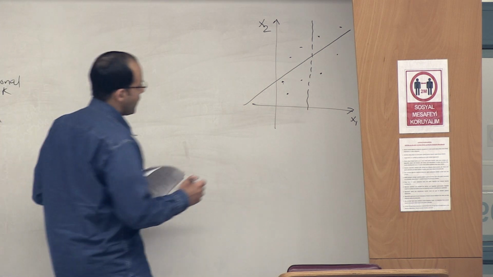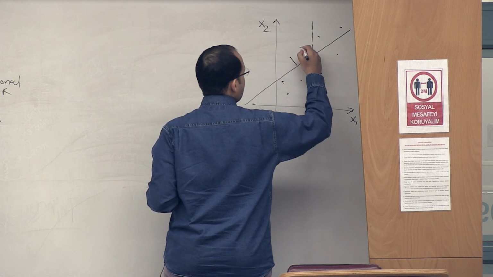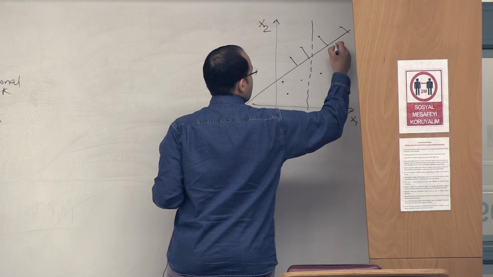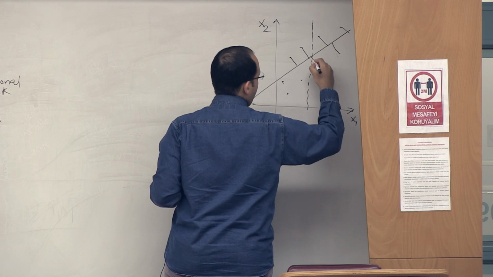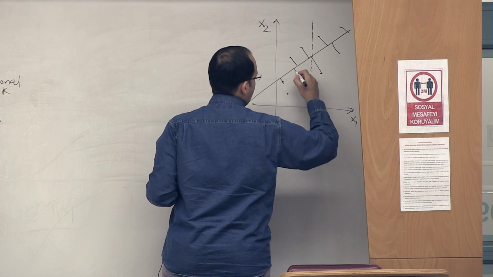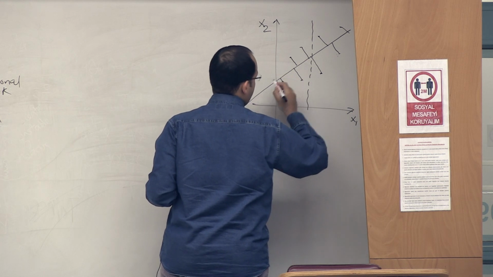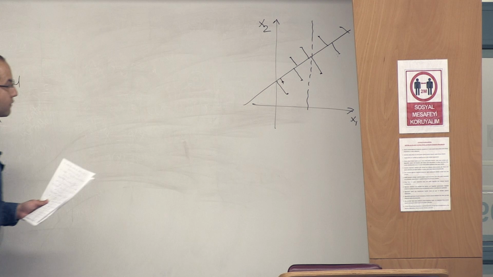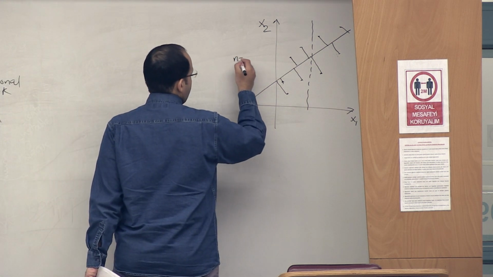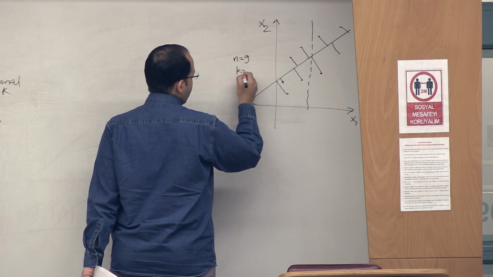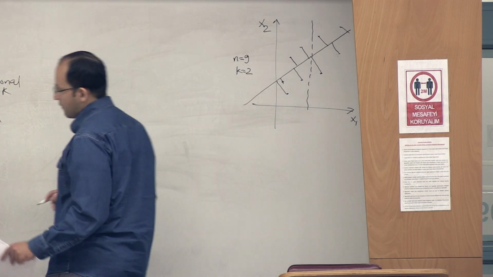Again, that minimizes the differences. One way is the way she said, which is actually the way we will do, minimizes the squares of the differences. All right? Is the setup clear? So here, n equals 9, k equals 2. All right?